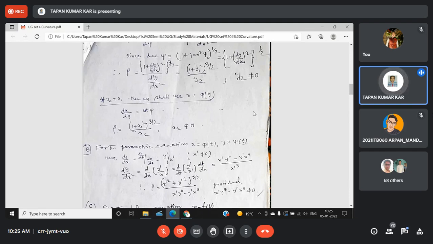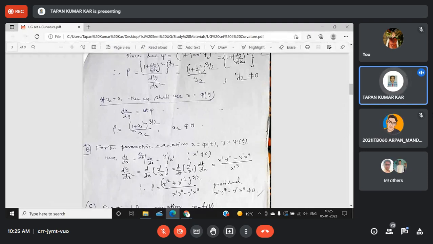Because from here also you can easily find dy dx and d square y dx square, even if it is given in parametric form. Like that, dy dx equal to dy dt by dx dt, and d square y dx square equal to this. So now substitute in the given problem, 1 plus y1 square whole to the power 3 by 2 by y2.